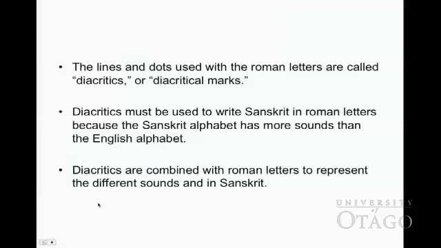The lines and dots used with the Roman letters are called diacritics or diacritical marks. Diacritics must be used to write Sanskrit in Roman letters because the Sanskrit alphabet has more sounds than the English alphabet. Diacritics are combined with Roman letters to represent the different sounds in Sanskrit.